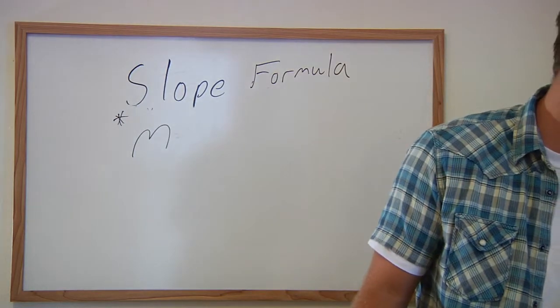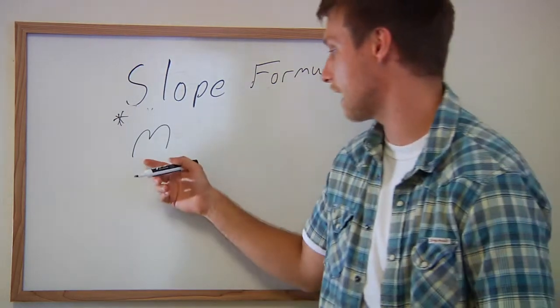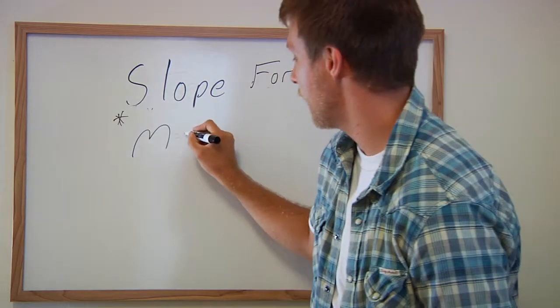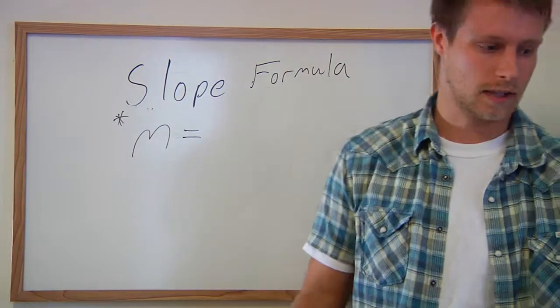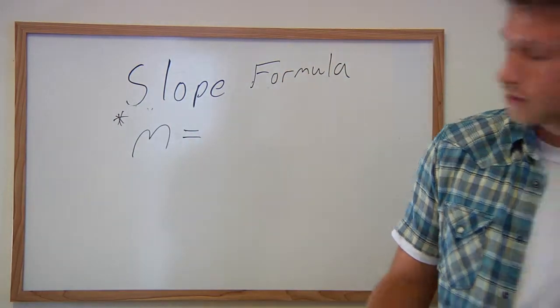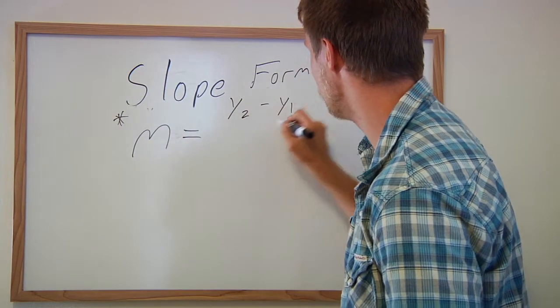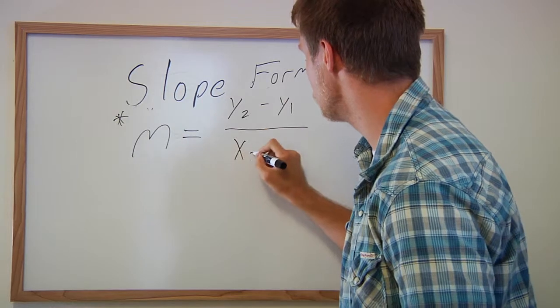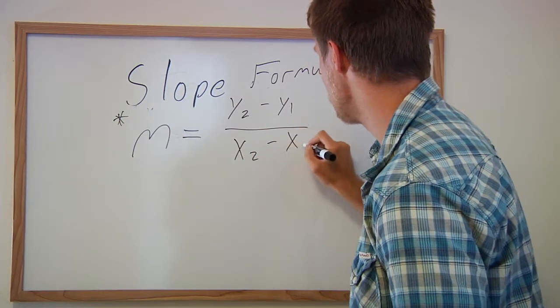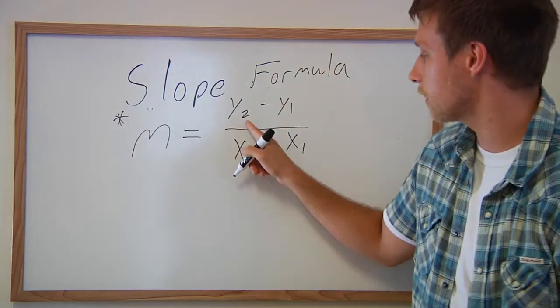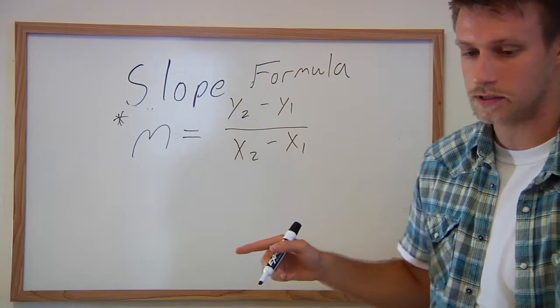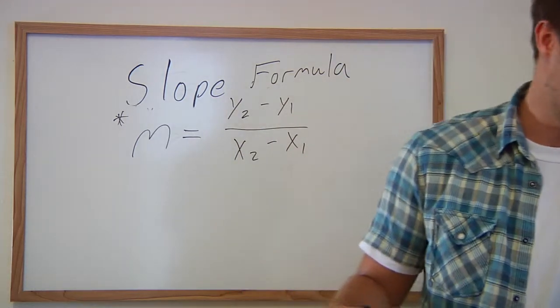To be honest, to this day I have not researched why it's m, but it is m. Remember that for later lessons. The slope formula gives you m equals y2 minus y1 over x2 minus x1. Now I don't want these down here to be confused with exponents. They're actually subscripts.